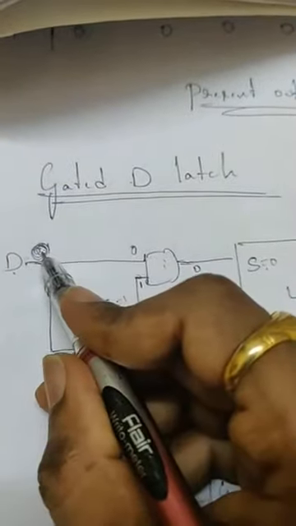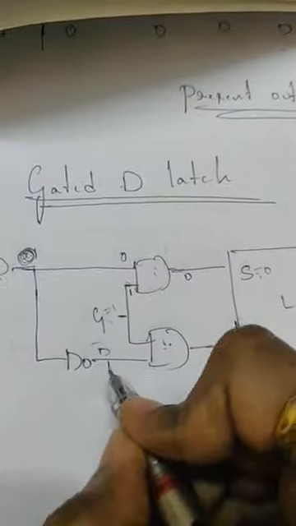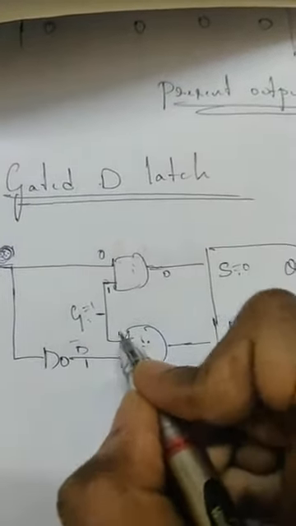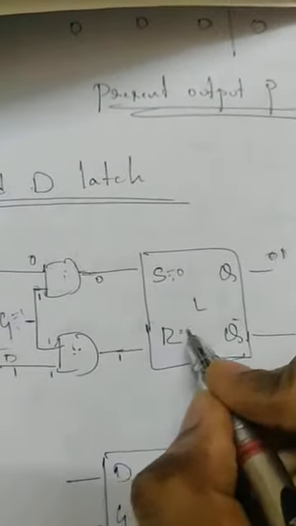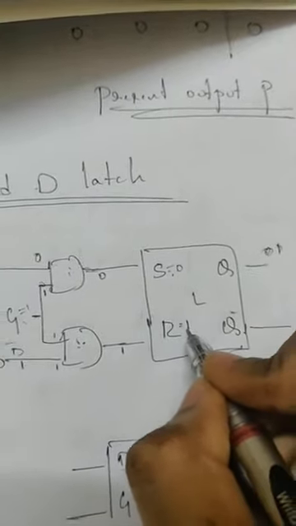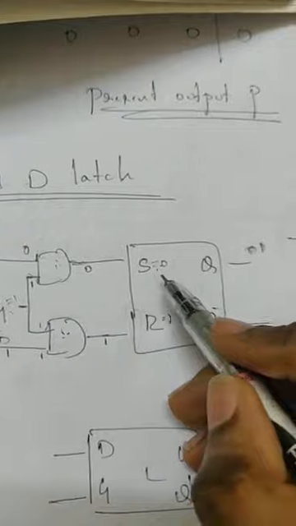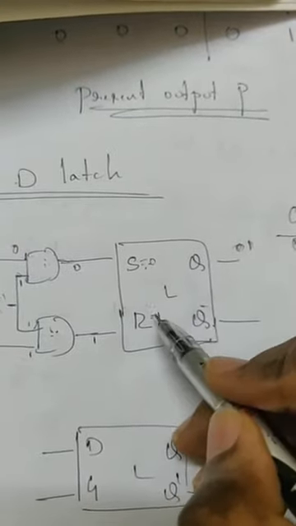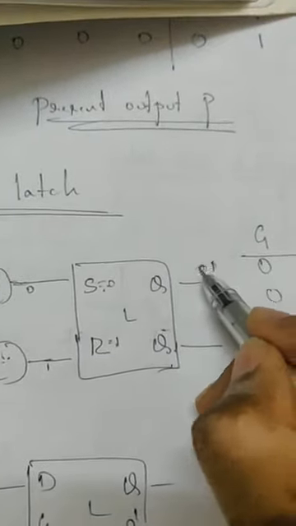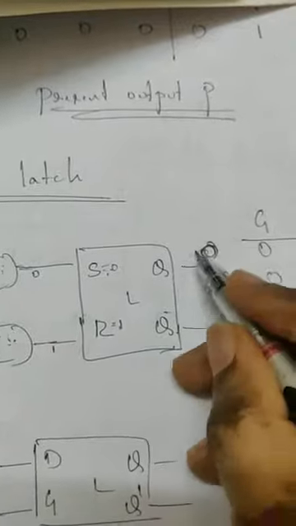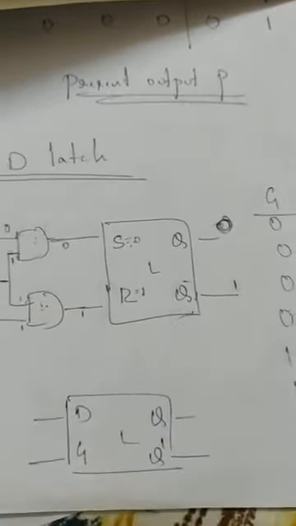If D is 0, D bar is equal to 1, so this will be 1, and G is equal to 1, and 1 and 1 is 1. R is equal to 1 now. S is equal to 0, R is equal to 1. This is a reset state. You remember the SR latch, S is equal to 0, R is equal to 1. Reset state means Q will be 0, and obviously Q will be 0 means Q bar will be 1.